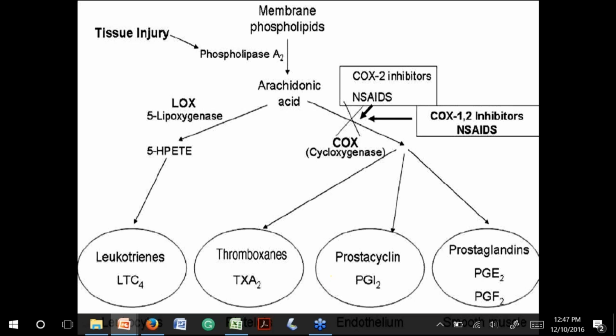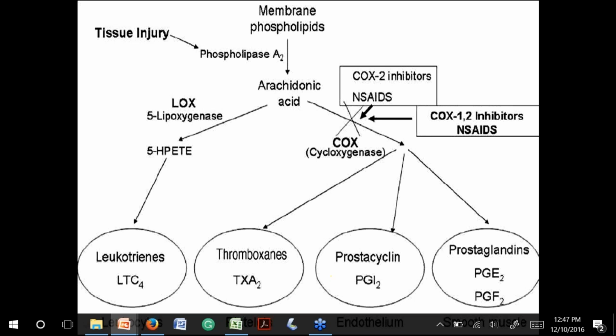Prostacyclin is a mediator for inflammation. You want inflammation, right? You want inflammation if you're being attacked by a bacteria or a germ. So you need the inflammation. And prostaglandins PGE and PGF are going to be for pain.